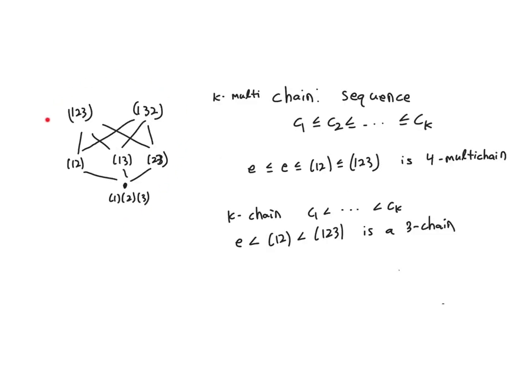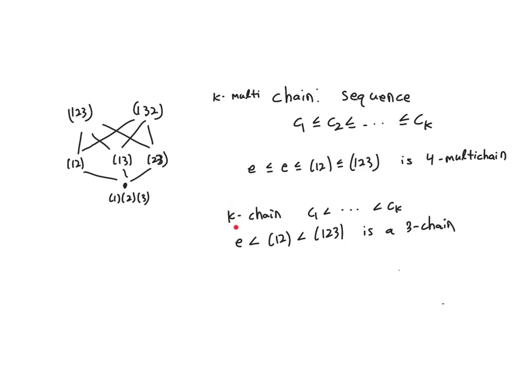First, here's a poset. A k-multichain is a sequence of k elements that are pairwise comparable in your poset. So for instance, this identity permutation is less than or equal to itself, is less than or equal to the transposition (1 2), it's less than or equal to the 3-cycle (1 2 3). This is a sequence of length 4, it's a 4-multichain.